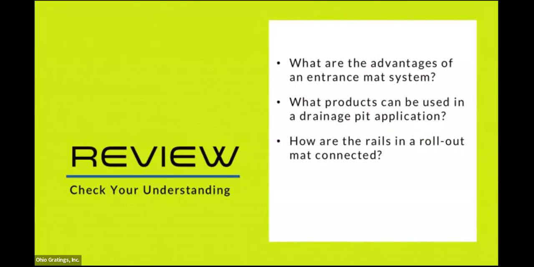And then the last question that we have is, how are the rails in a rollout mat system connected? I don't know if it's something that we specifically touched on, but I'll just go back to it. The rails in these particular applications, when you're having a rollout mat system, either in the heavy duty treads or in the rollout mat system, there's a couple of different options for hinges. You do have the option for aluminum hinges and you do have the option for vinyl hinges.